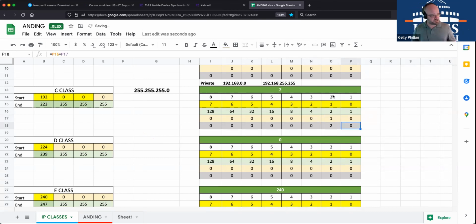So now I have 2 because here's my 2 position. If I want to get 3, I turn the 1 back on. Now I have 3, and I'm 1 less than 4. So if I want to get 4, I turn the 4-bit on. The last 2 are off. So now I have 4. I've gone up 1 higher. To get 5, I turn on my 1 bit, and it just keeps going up like this. It's ticking up slowly each time.